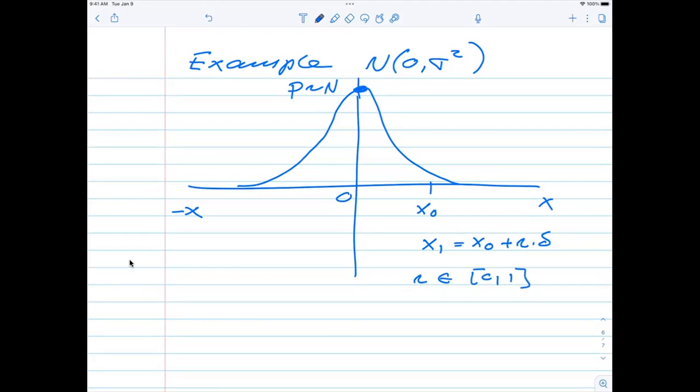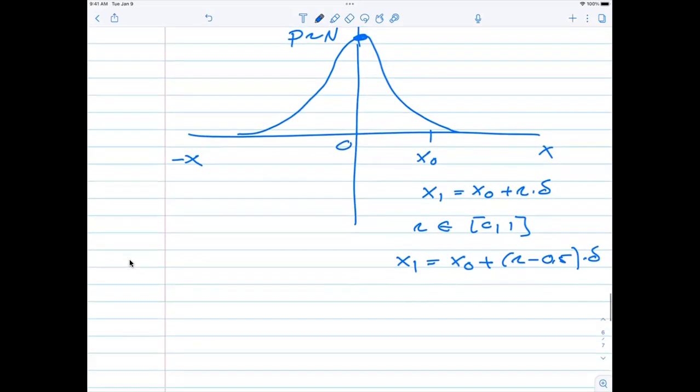And having drawn this randomly means that we have a number which is just between 0 and 1, but we can change this by simply rewriting it in terms of R minus 0.5. So we could rewrite this as x1 equals x0 plus this number R minus 0.5 multiplied with this parameter delta. So delta is a chosen parameter.